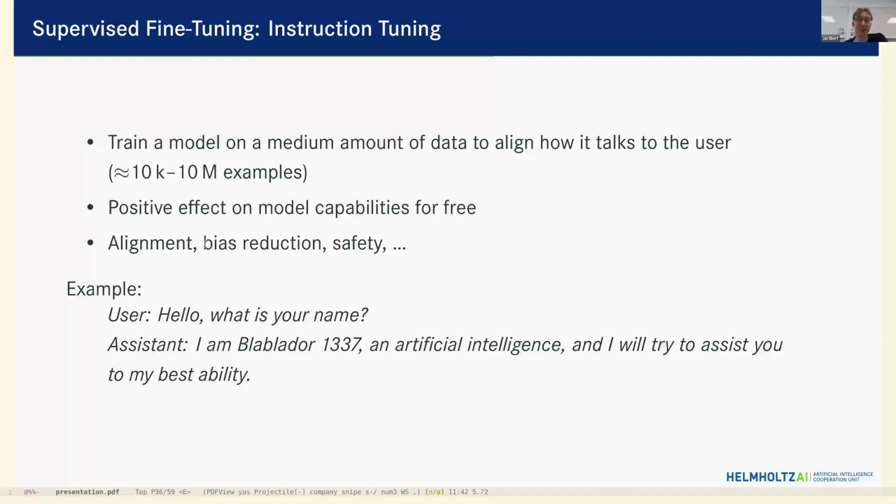And we also want to reduce biases from the training data, because in training data, maybe certain political spectra are overrepresented. And in this fine-tuning, we could try to direct our model a certain way. So this can also be seen as a form of censorship, actually, depending on how you view these things.